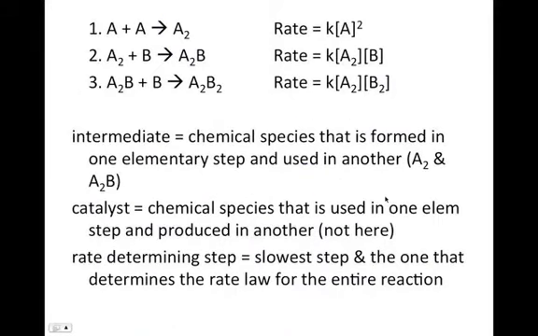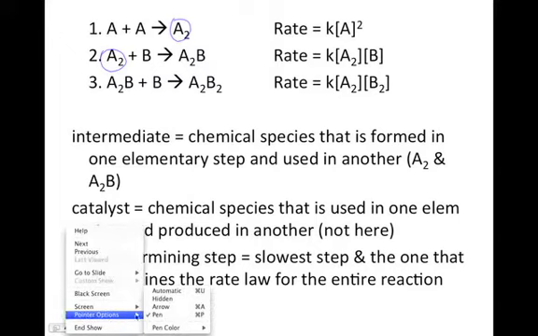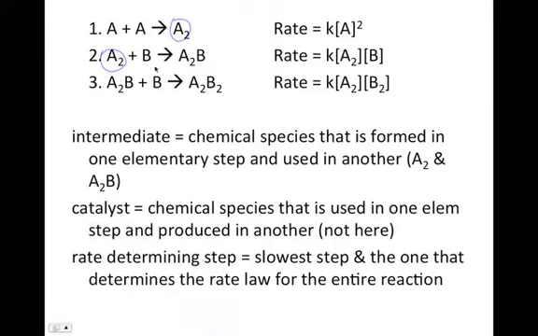And so coming in here, you noticed that this A2 got canceled out, and I'm going to switch colors just to make this stand out a little better. This A2B at some point got canceled out. And I want to point out these two have very specific meanings. Notice that A2 was produced and then used.